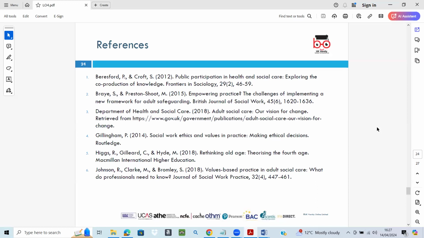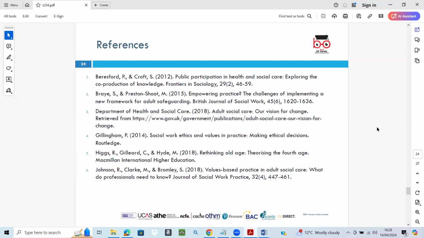So we follow ethical practices in academic writing as well. It is also important when we are dealing with service users, when we are dealing with them physically. So we again have to look for the ethical principles, values and policies of the organization we work with.